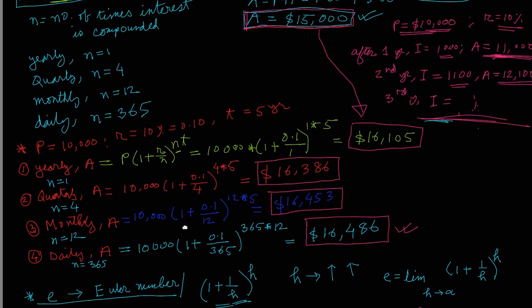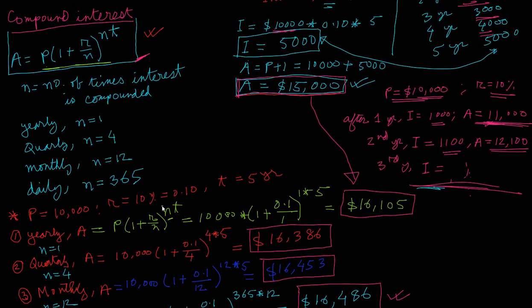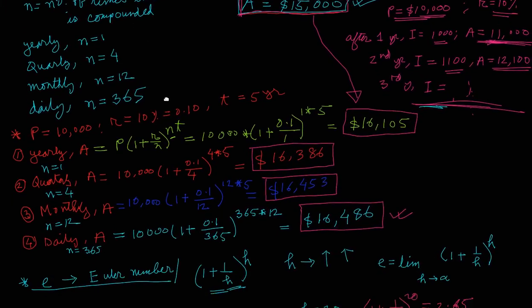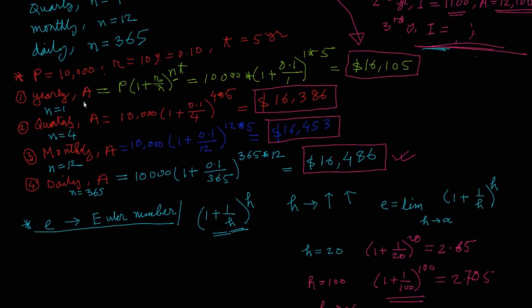Now a little while ago you saw the formula I used if interest is compounded. We saw if interest is compounded yearly, quarterly, monthly, or daily, then we are able to calculate the values.